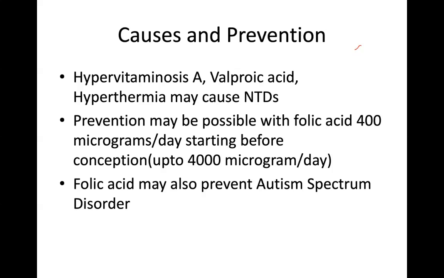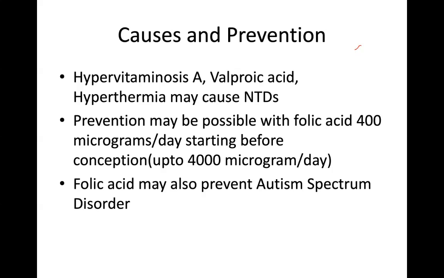Now, folic acid is a very readily available and very affordable supplement. If a woman of childbearing age is married and planning to have a baby, or the husband and wife are planning for a pregnancy, the woman should be advised to take folic acid a month before conception. As soon as she starts thinking about having a baby, she should take folic acid 400 micrograms per day.